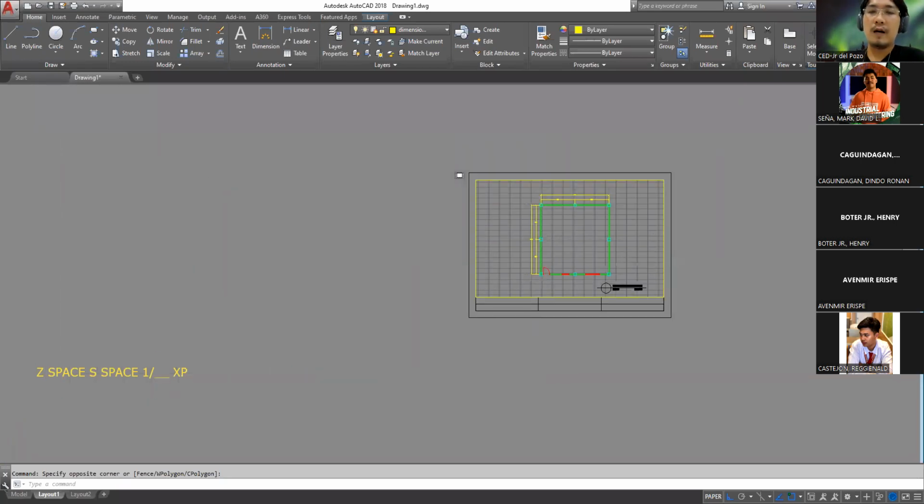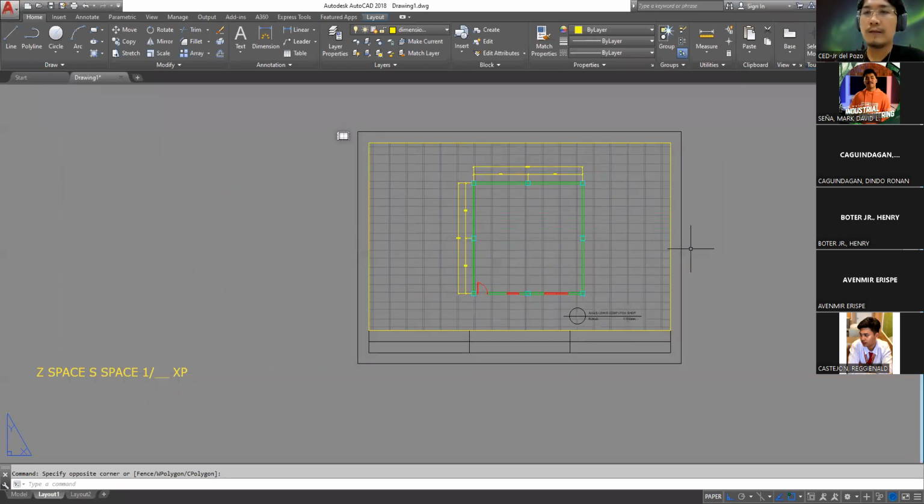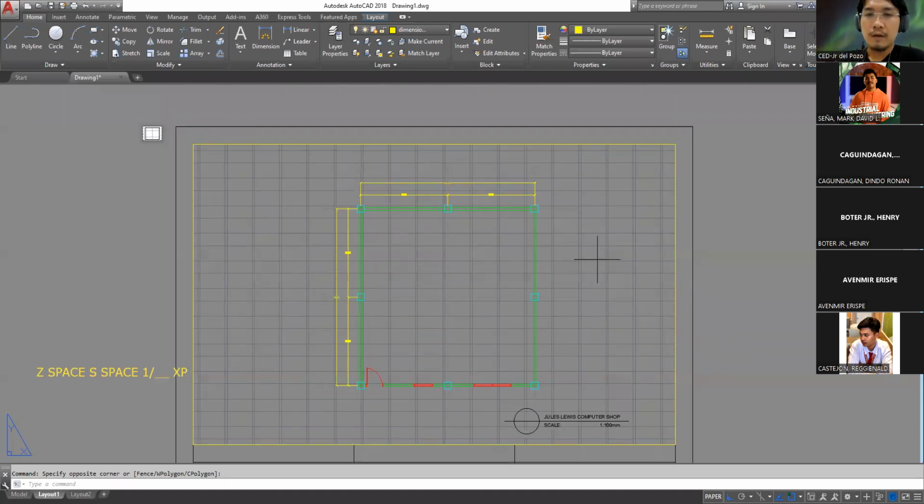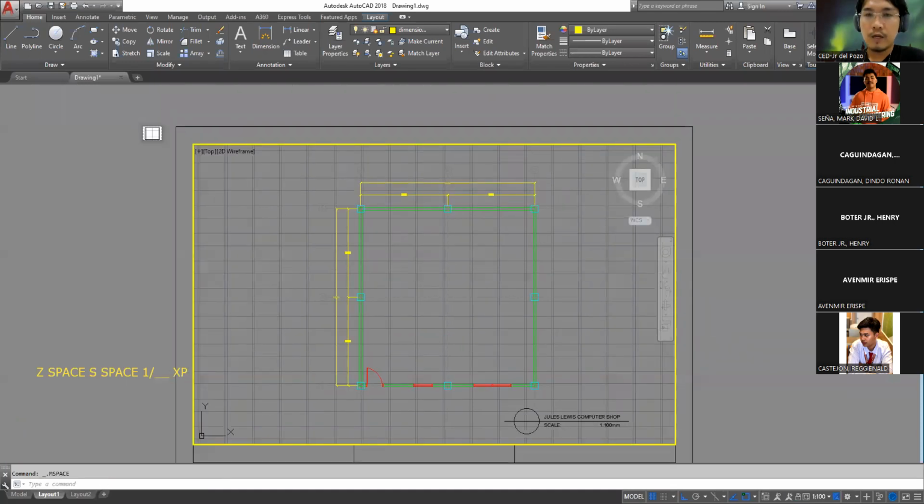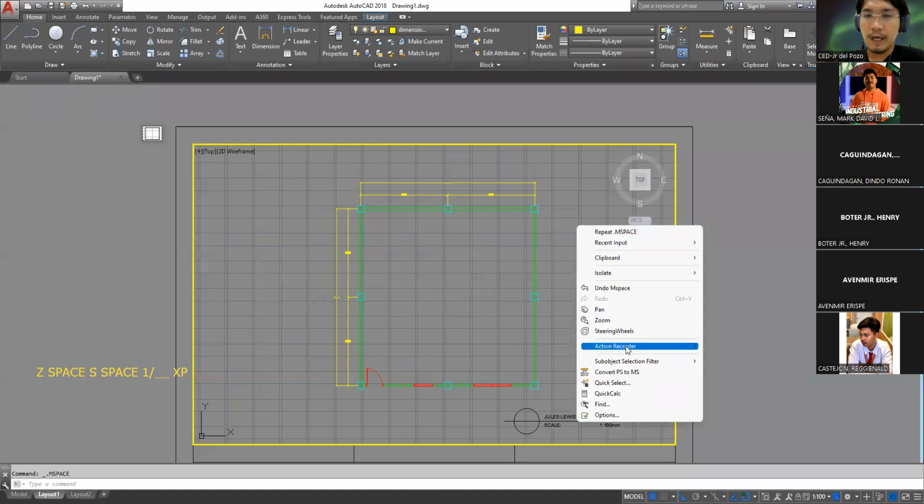Okay. Huwag niyong kalimutan pala once na naset niyo na yung scale, huwag niyong kalimutan na mag-right click.